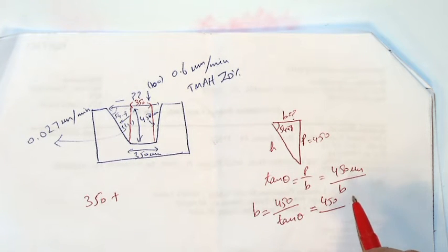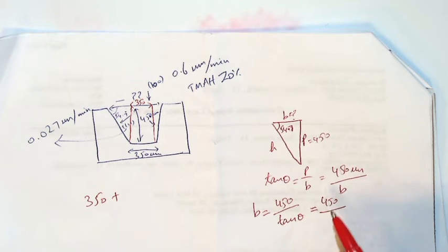Tan 54.7. So I got like 318. 318.6. Let's say 318 for example. So can you divide 450 divided by 318? 1.42. So if it is 1.41 or 1.4? 1.41. Okay.